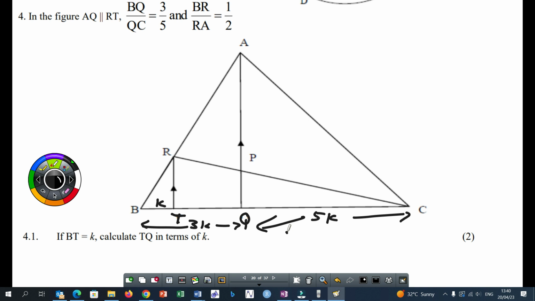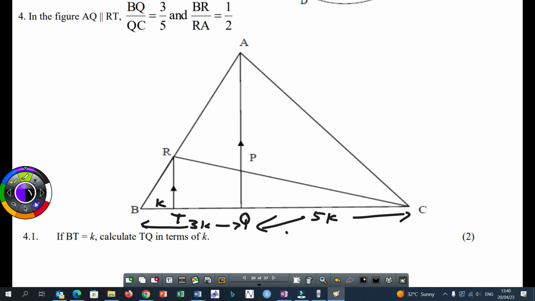We need to calculate what the length of TQ is. To calculate TQ, it's 2 marks. By using that ratio there, you can find what TQ is.